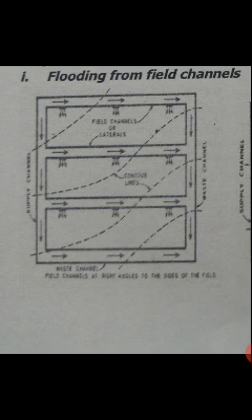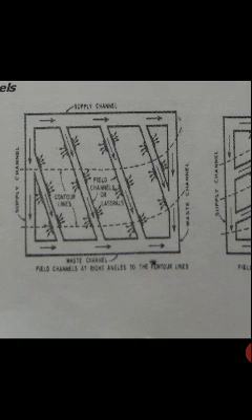When the laterals are aligned at right angles to the contour lines, then the land on both sides of the channels can be irrigated. But in the other two cases, irrigation would be possible only on one side of the channel, in the direction of the general slope of the land.